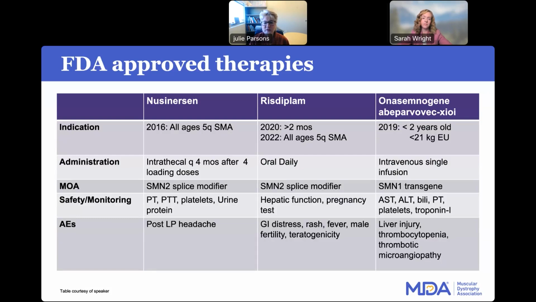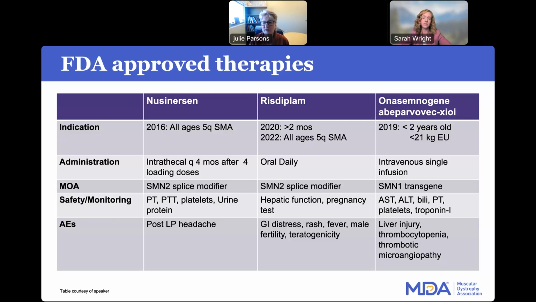Nusinersen is administered via spinal tap, with a loading dose initially and then delivery quarterly for life. As noted, this is an SMN2 splice modifier. There's some safety monitoring because it's an antisense oligonucleotide, so we do some safety labs prior to treatment. It's a very safe drug, but some patients will have problems with post-LP headaches.